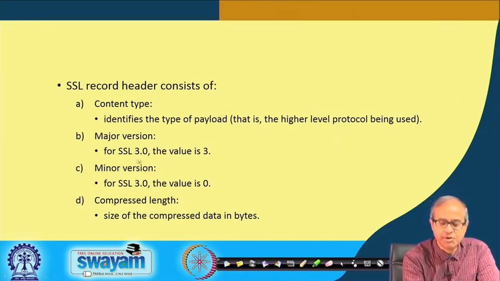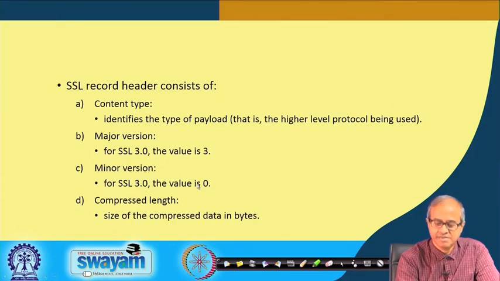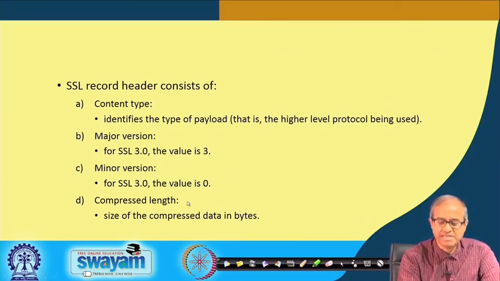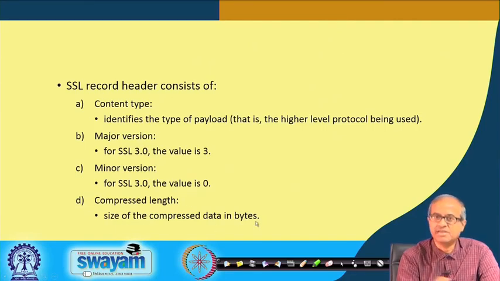In SSL 3.0, the first number is the major version, the last number is the minor version, and versions grow like 3.0, 3.1. And compressed length, the size of the compressed data in bytes, is also mentioned.